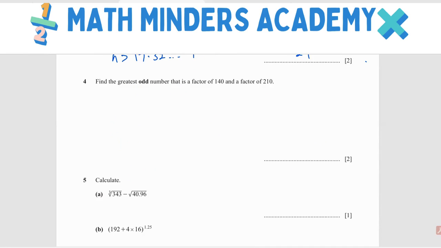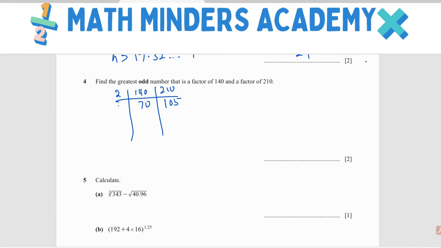For question number 4, we have to find the greatest odd number that is a factor of 140 and a factor of 210. So we can decide to look at 140 and 210. So if we start dividing, if we use 2 to divide this, we have 70, and here we have 105.